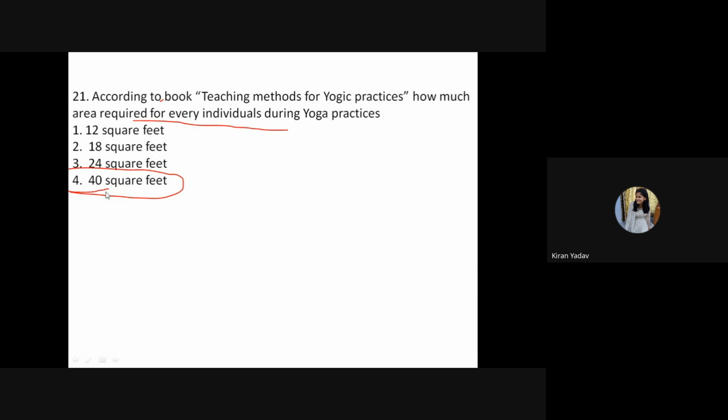And what are the other methods? Group discussion method. When do we use group discussion method? Group discussion is usually used for solving a problem, to find a solution to a specific problem.